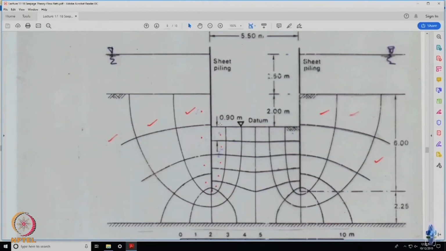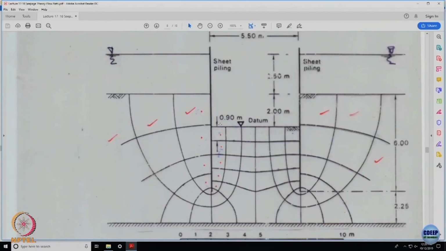So, truly speaking, at each of these equipotentials, you know the H value. Is this correct or not? H by 10 multiplied by ND is the value of the head at that point. Now, you need not insert piezometers and all, because the moment you have done the flow net, you know the value of H at every point.